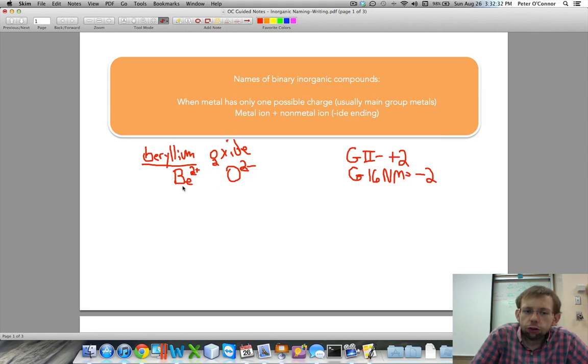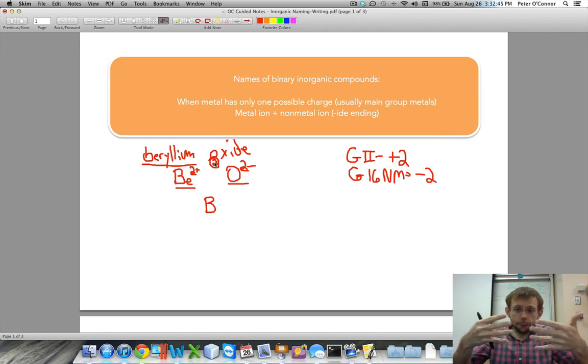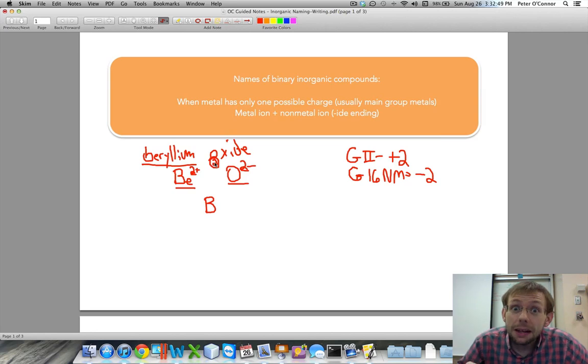So I need a charge of 2 plus from my beryllium and a charge of 2 minus from my oxide, so that they even out to make a neutral charge.